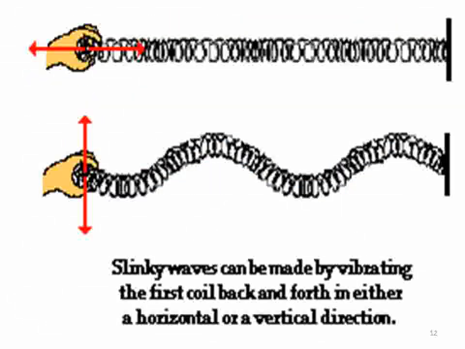Here is a slinky. A slinky is a soft spring in which compressions and rarefactions are produced. If you stretch the slinky, this soft spring clearly shows turns that are closer, that is compression, and turns that are far away, which is rarefaction.